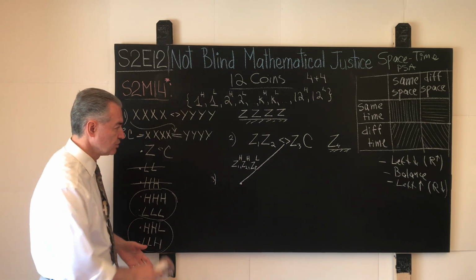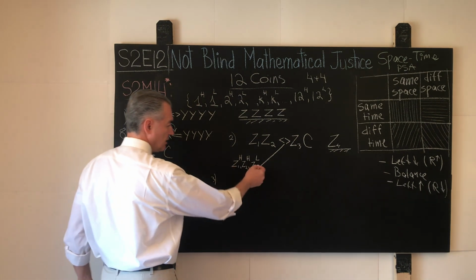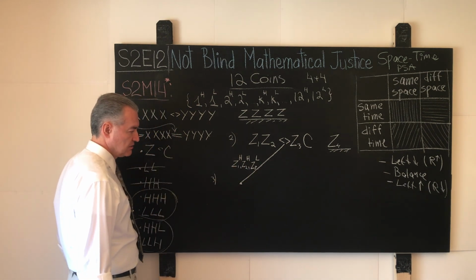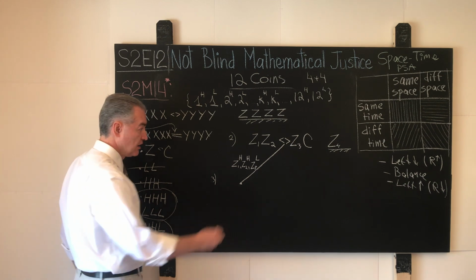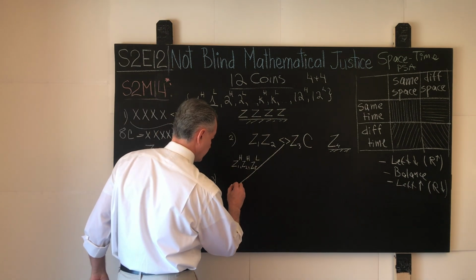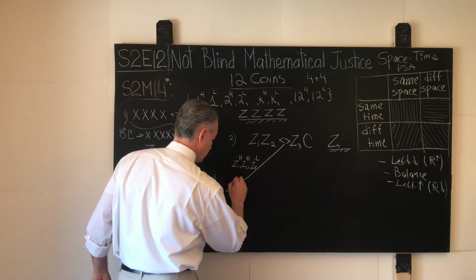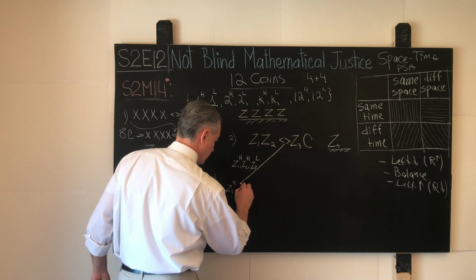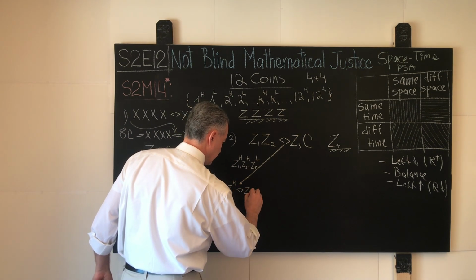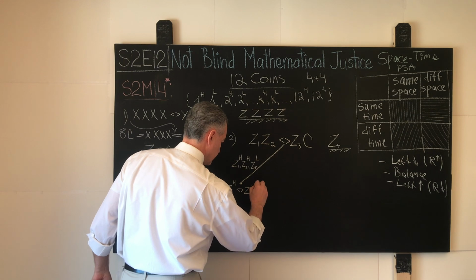That is all there is to it. So here, which way do we execute the third weighing? Well, it's straightforward. Here we weigh Z1, which is heavy, against Z2, which is heavy.